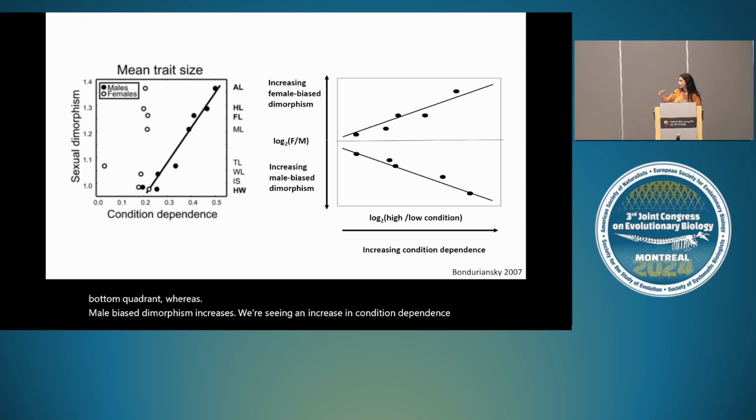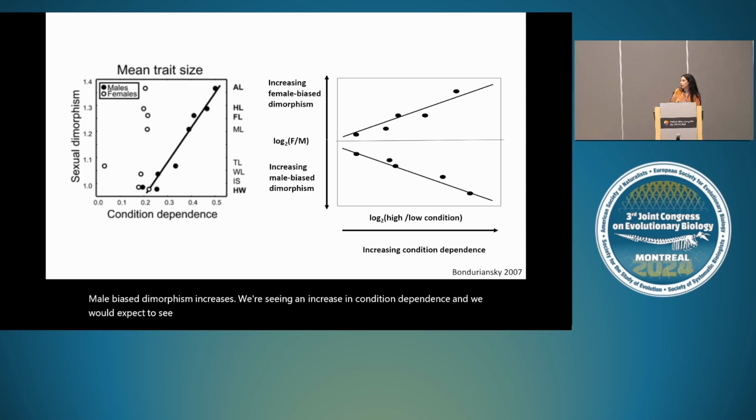And we would expect to see that reflected in a strong negative correlation between sexual dimorphism and condition dependence. And again, we expect this in males, but we don't really have any strong predictions about the correlation that we would expect in females.